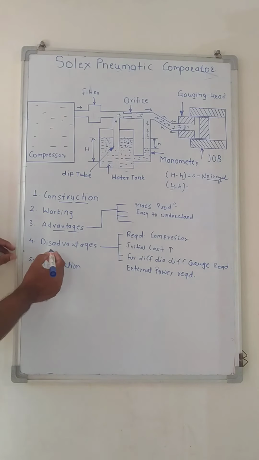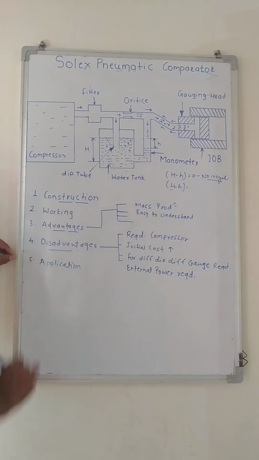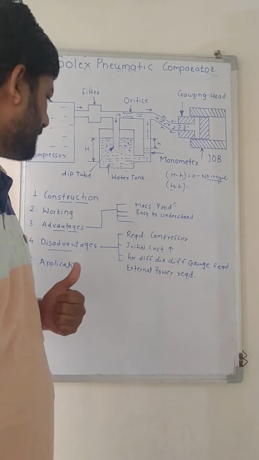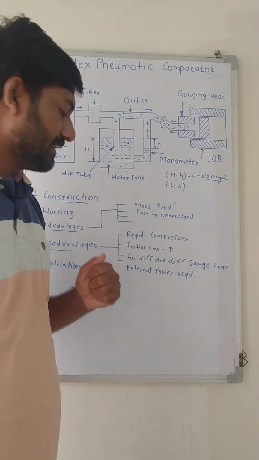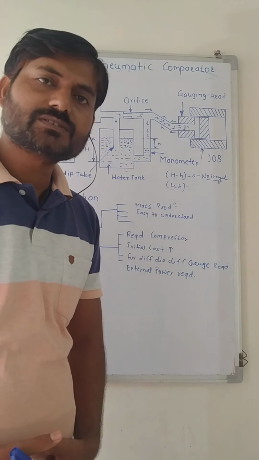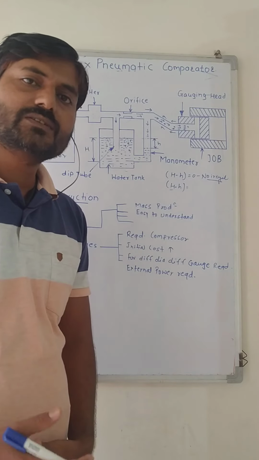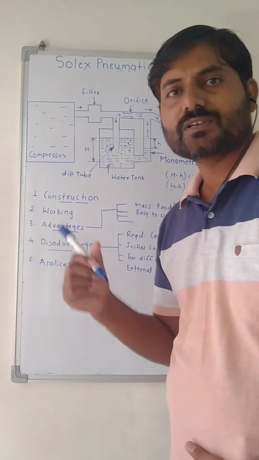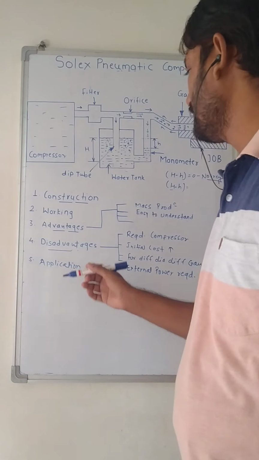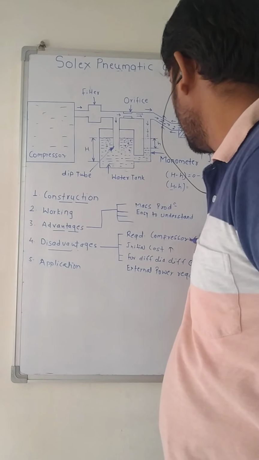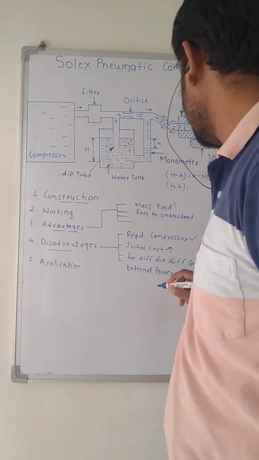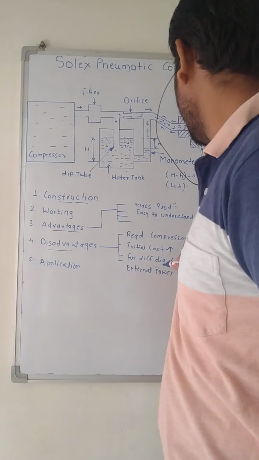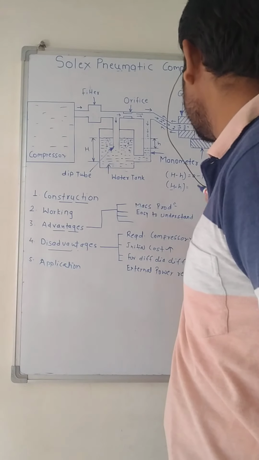Now let us move towards disadvantages. What are the disadvantages of the Solex pneumatic comparator? It requires a heavy compressor, and because of that compressor, the initial cost of the Solex pneumatic comparator increases. The third one is that for different diameters, a different gauging head is required.